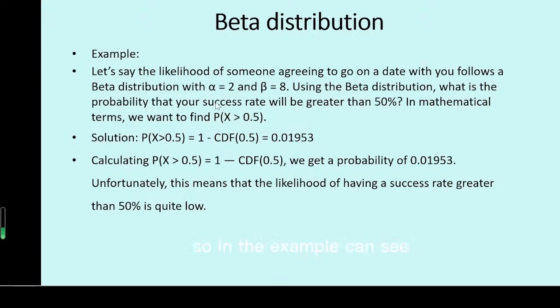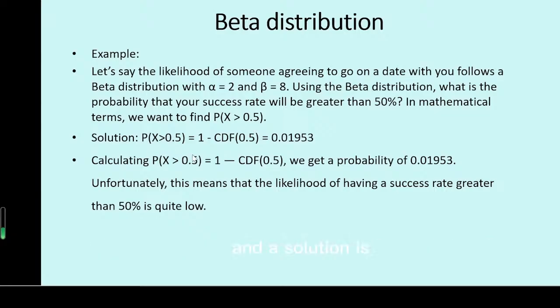We know beta distribution is used to model the probability of probability, so we want to know the probability that this probability is larger than 50%.